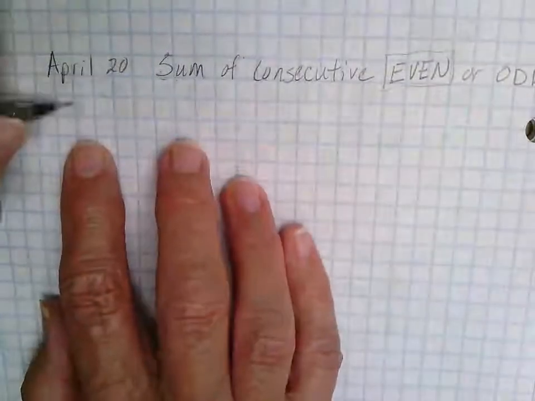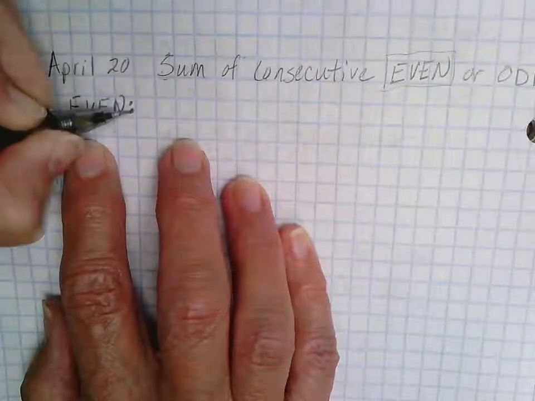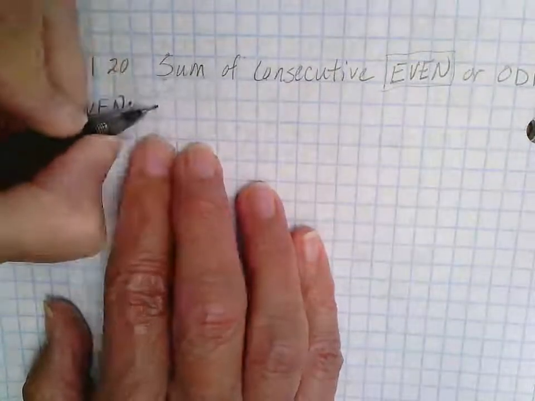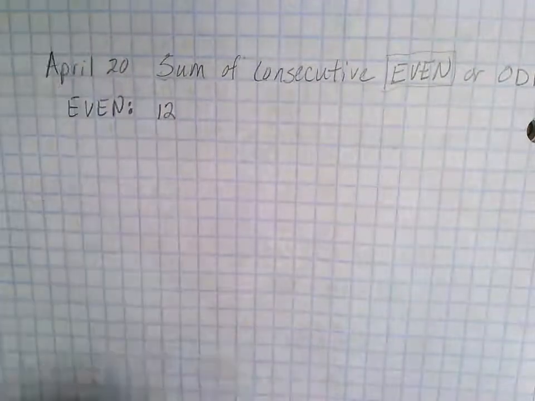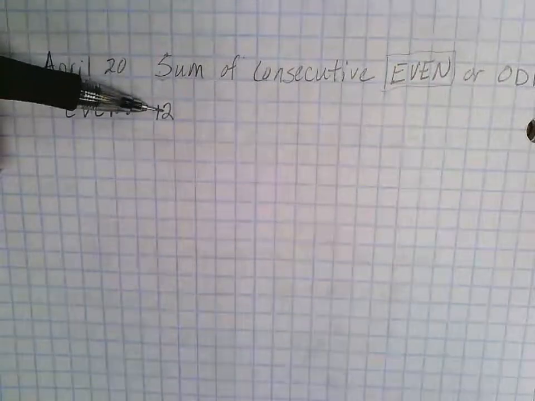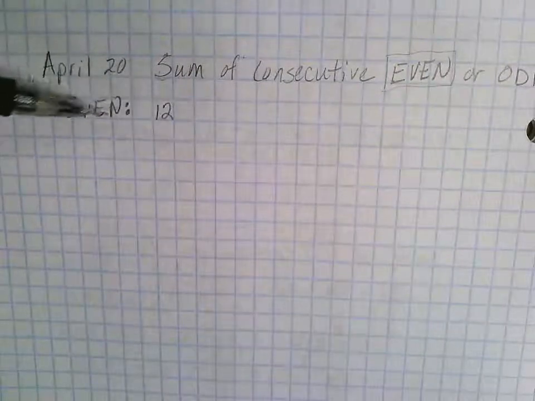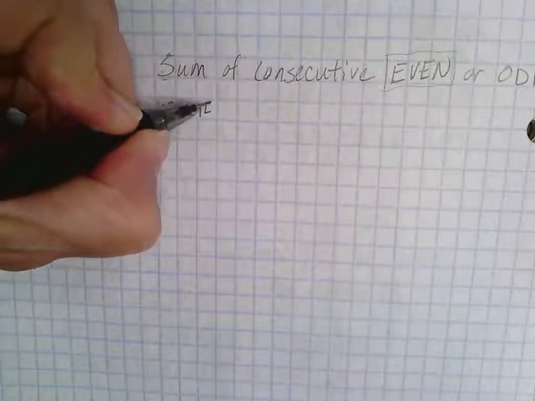So just to clarify, consecutive even numbers would be, choose an even number, I'll say 12, and then you want to ask yourself, what would the next even number be after 12 when you are counting? So that would be 14.